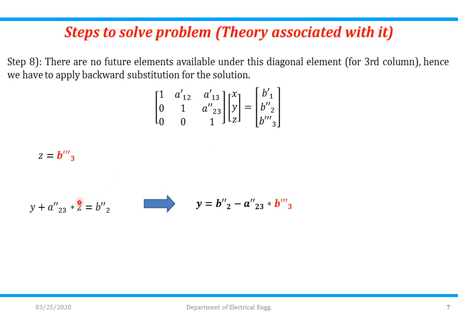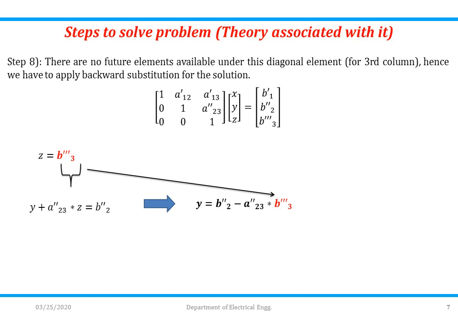So substitute here and find out y. You will get b2 double dash 2. This term I am going to shift towards the right hand side, so it will be minus a double dash 2 3 into b triple dash of 3. B triple dash of 3 is nothing but the value of z.